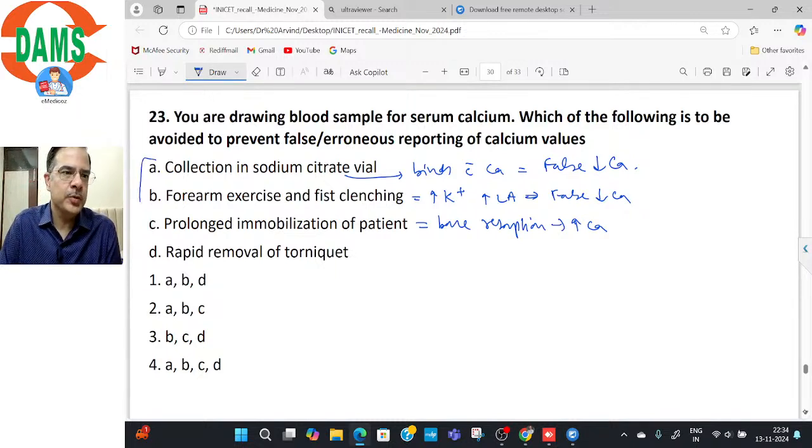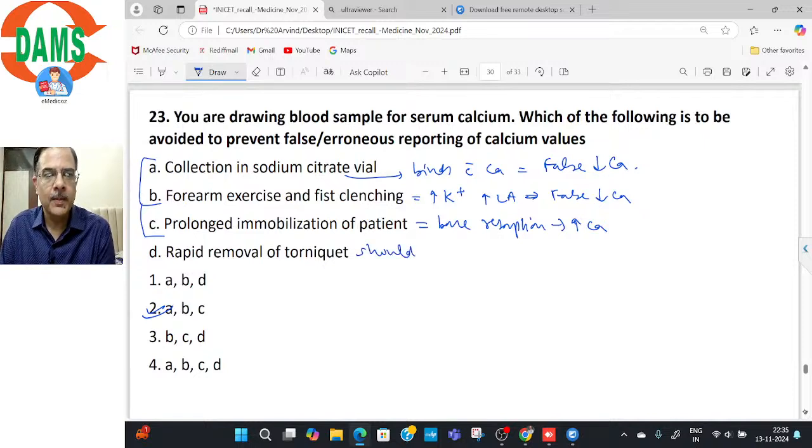So the best answer should be A and B, but no A and B option is written here, so we have to pick the C option also, because A, B is not given here, so A, B, C will be the obvious choice. Rapid removal of the tourniquet should be done, because a prolonged tourniquet will cause high potassium values.